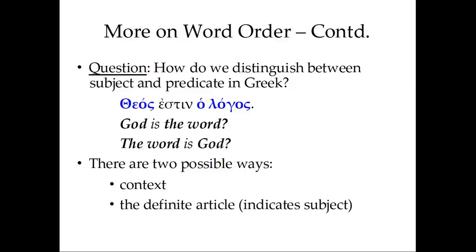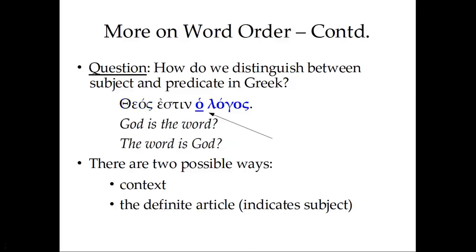Also, the definite article. The definite article indicates frequently the subject of these little verbal equations. So where is the definite article here? It's right there, before logos, ho logos. So the definite article here indicates that logos is the subject.